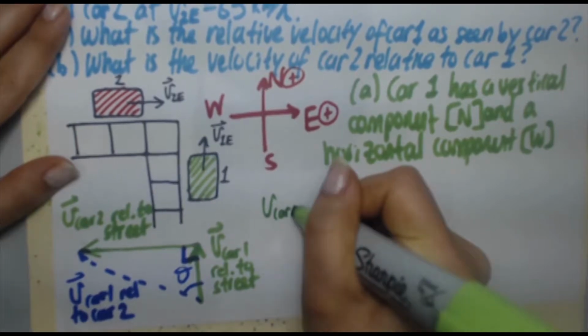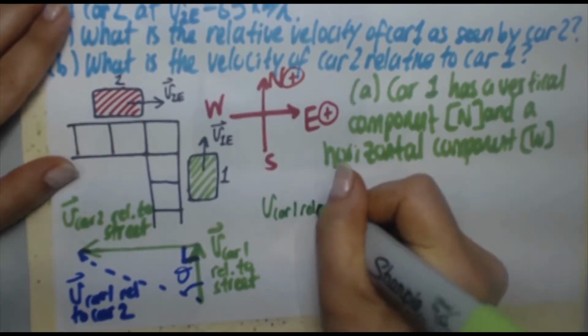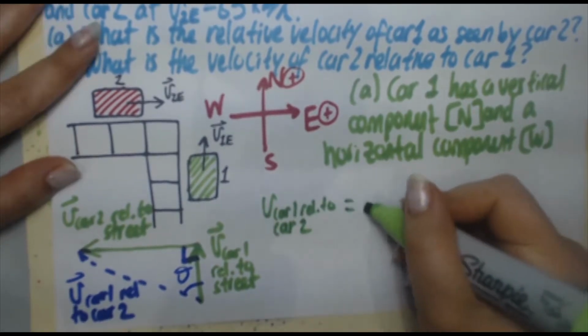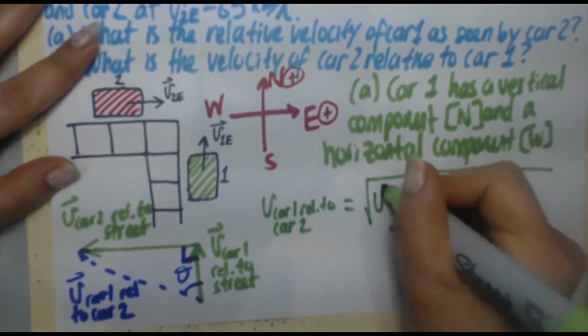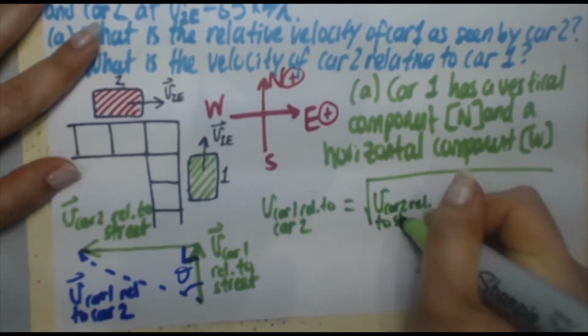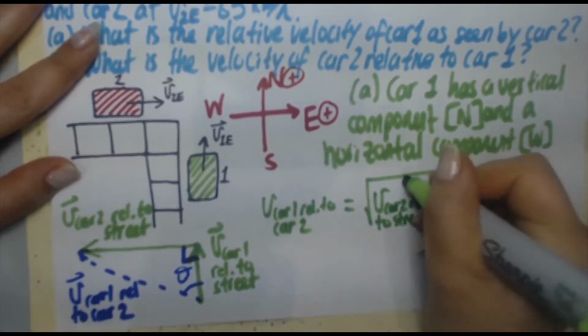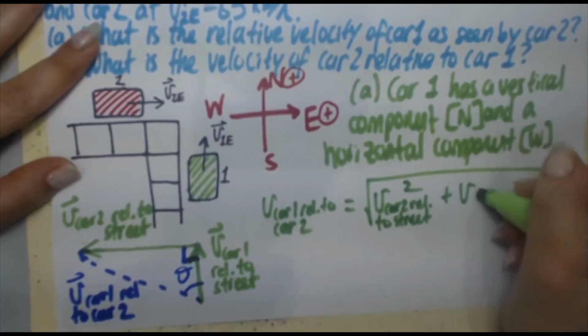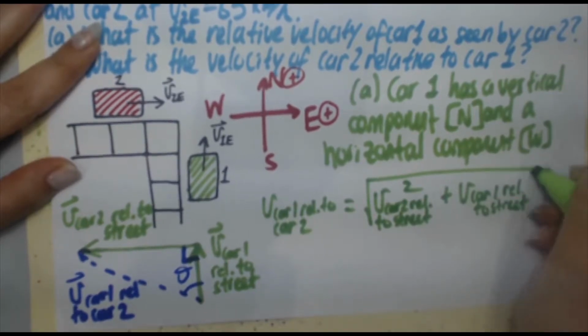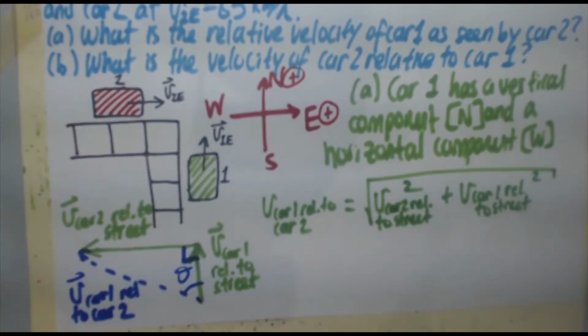The velocity of car 1 relative to car 2 equals the square root of velocity of car 2 relative to street squared plus the velocity of car 1 relative to street squared. c squared equals a squared plus b squared. That's what we're doing here.